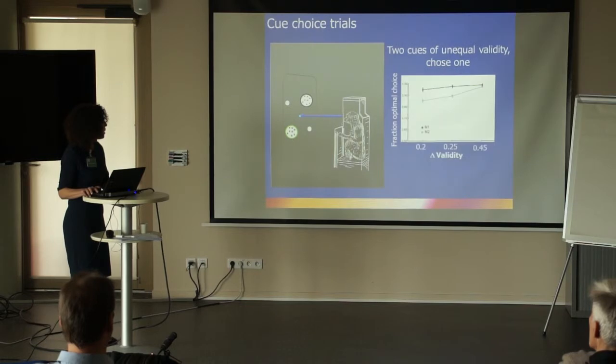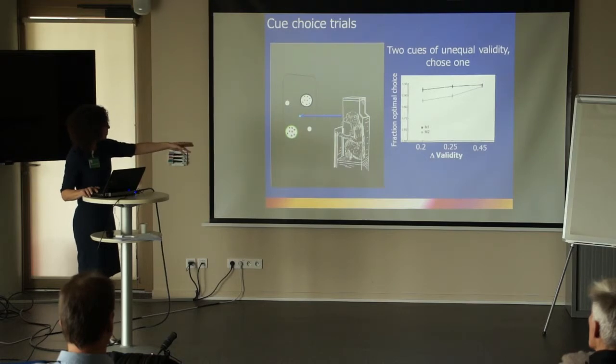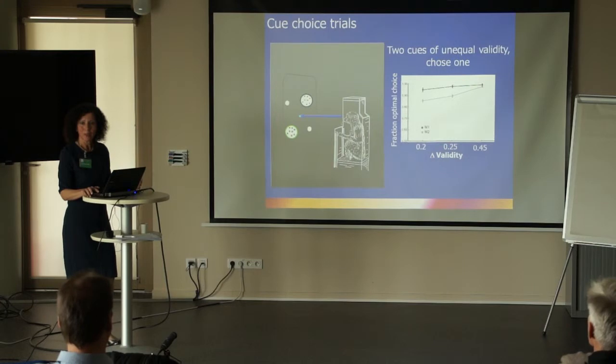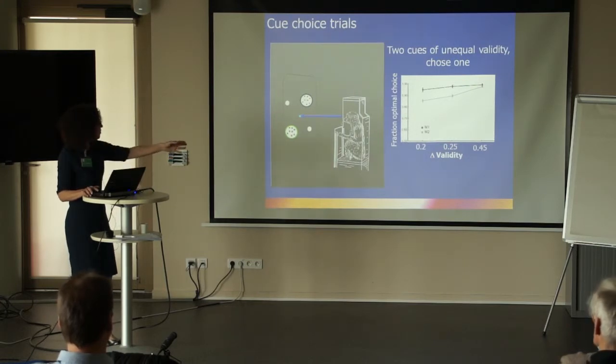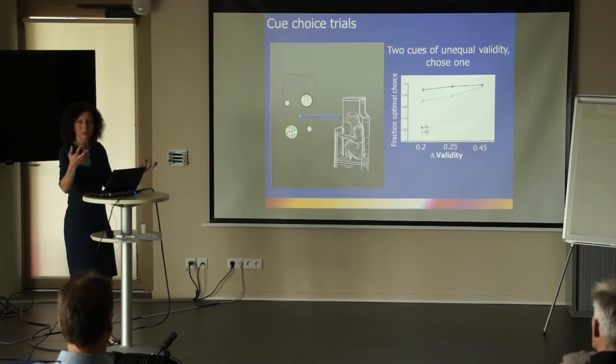And we had 3 pairs of these cues that differ in validity by different amounts. So for example, a difference of 0.2 means we pit the 100% valid cue versus the 80% valid cue, right? A difference of 0.45, we pit the 100% versus the 55%.